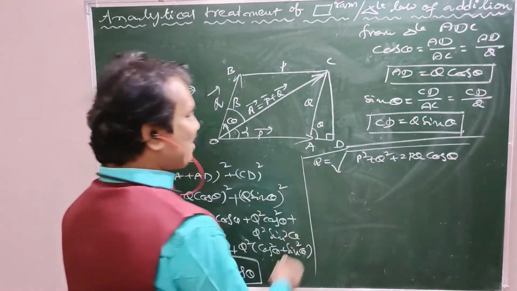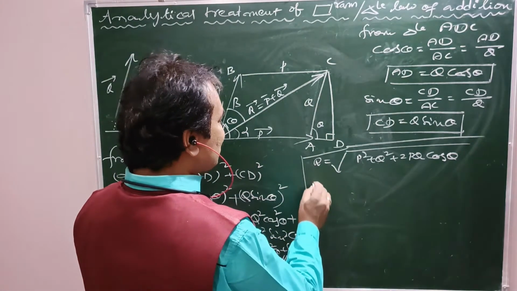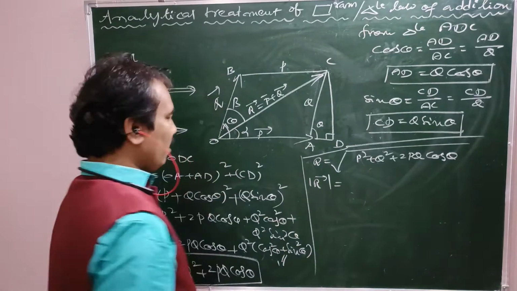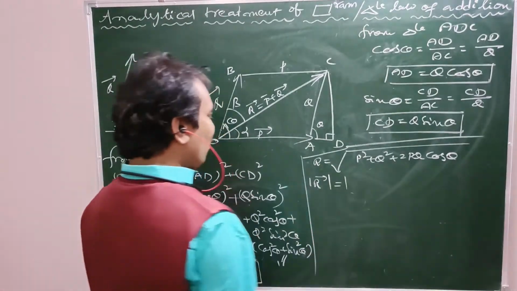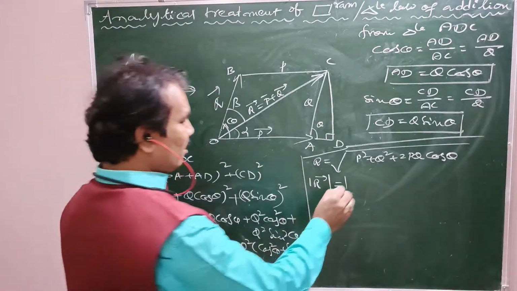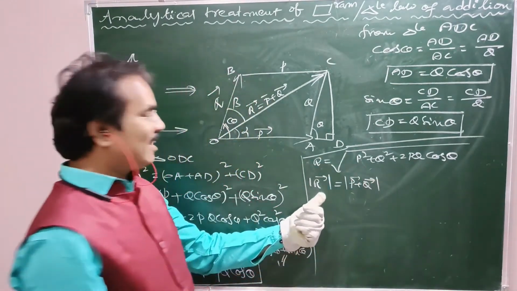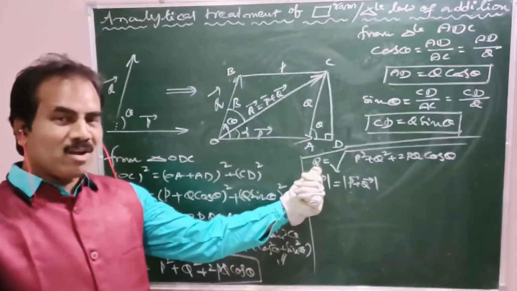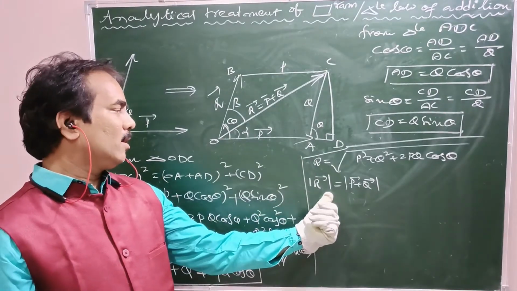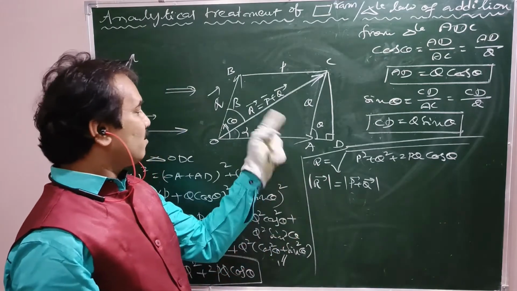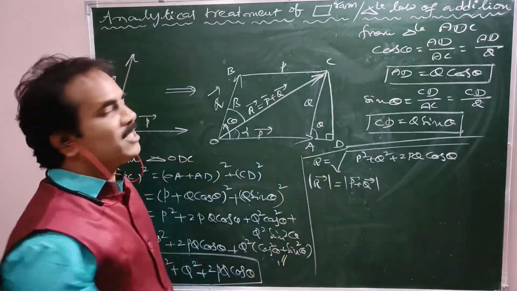Okay. Same can be written as R means mod R bar, once again mod of R bar, in the sense P bar plus Q bar. Can I write like that? See, R means magnitude of R bar, that is mod of R bar, equal to modulus of P bar plus Q bar.